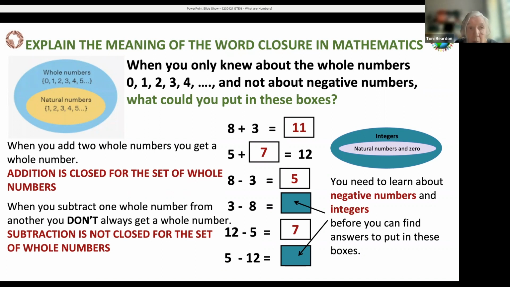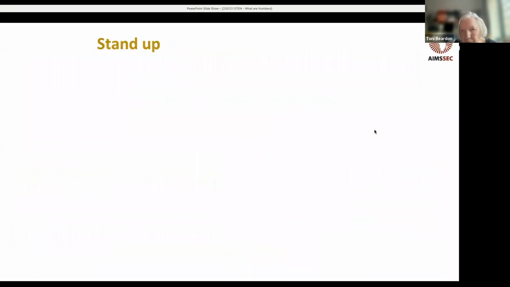What we knew about were the natural numbers in a gold, yellow color, and the whole numbers in blue, as you see in the diagram on the left. This diagram shows the natural numbers and 0 going together. Now we're going to extend our ideas to integers.